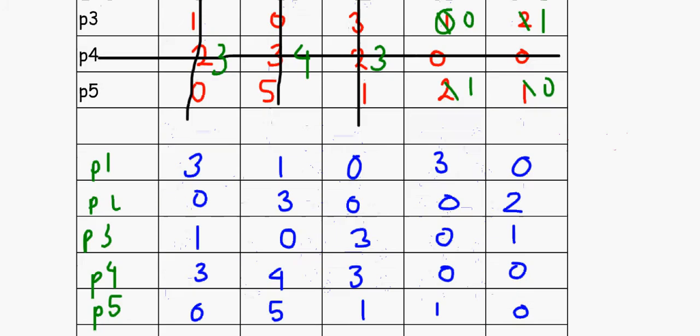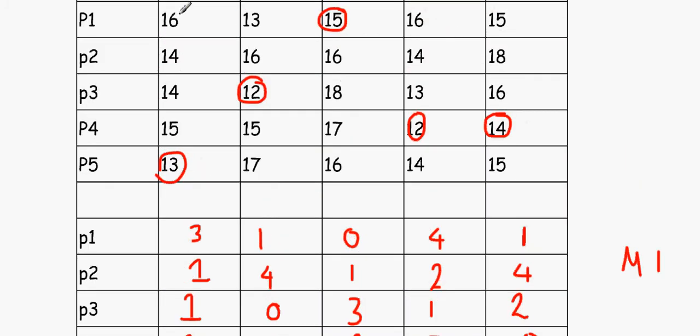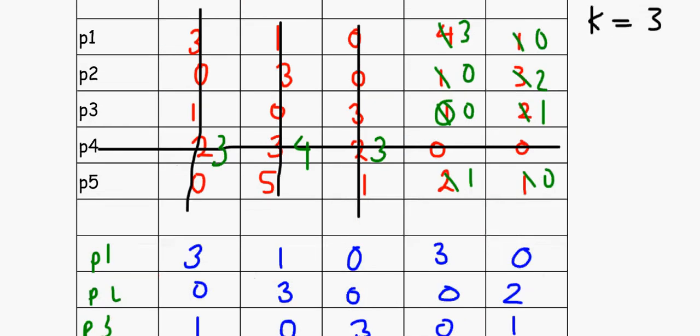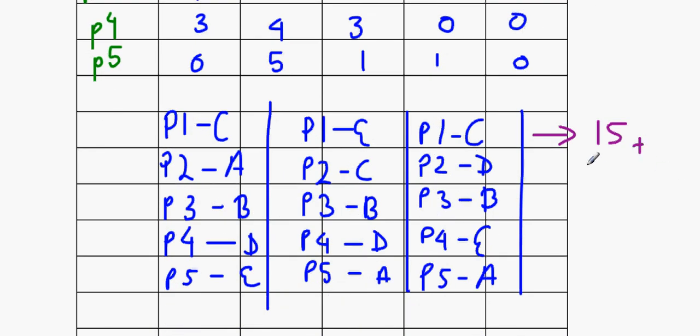P2 is D, so P2D, that's 14. And then we just add them all up, like so. I'll tell you now, pretend that we've got all the original values here. The minimum time would be 68 minutes. And that's that question done.